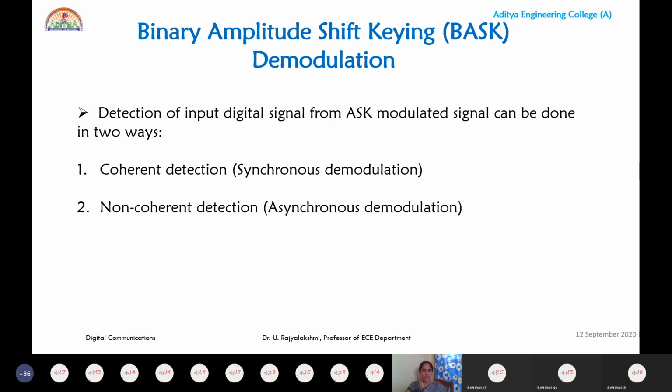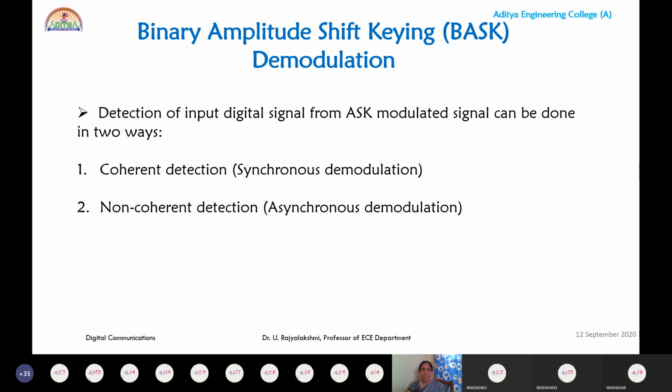One is coherent detection and the second is called non-coherent detection. Coherent detection is also called synchronous demodulation. In the case of coherent detection, a synchronous carrier is used. What is meant by synchronous carrier?